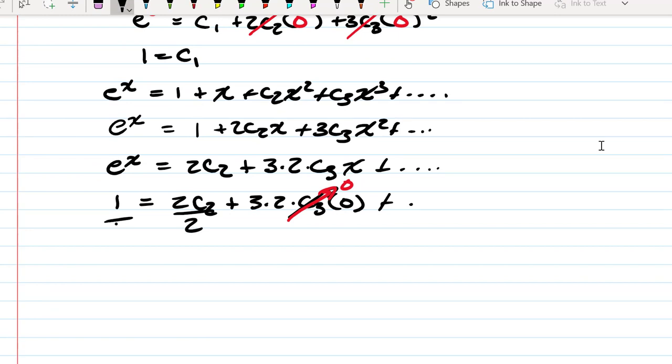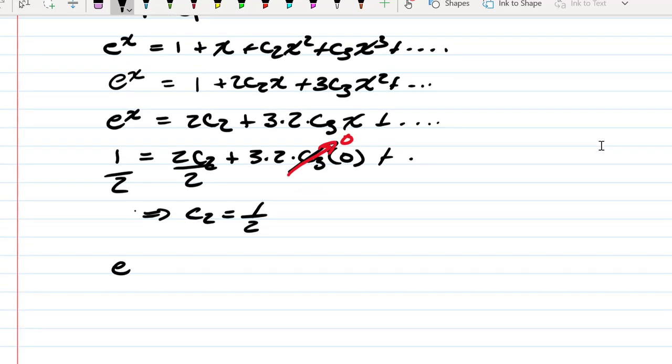If we divide by 2 on both sides, that gives us that c2 is equal to 1/2. So now we have e to the x is equal to 1 plus x plus 1/2 x squared plus c3x cubed plus dot dot dot on forever.